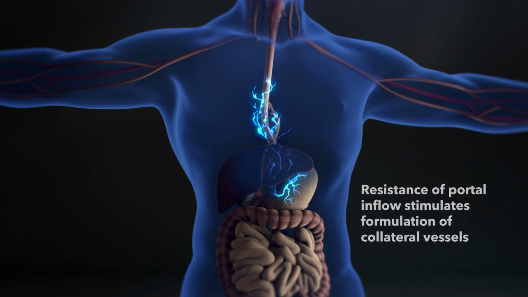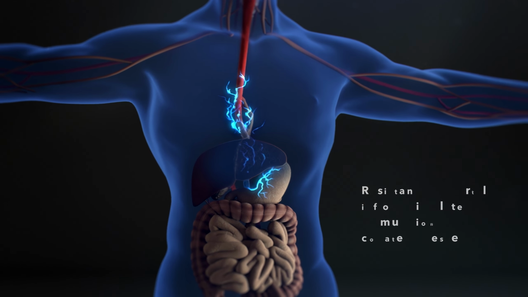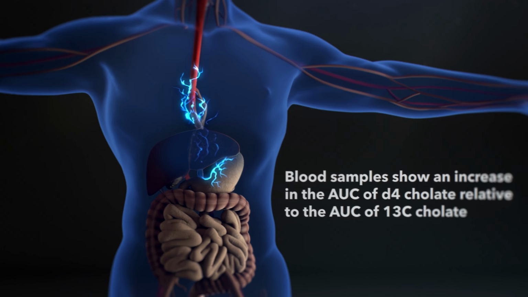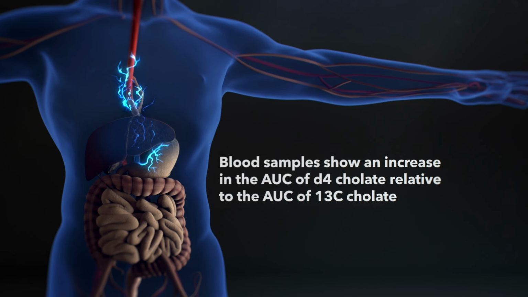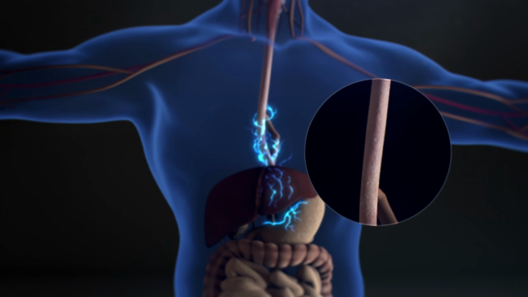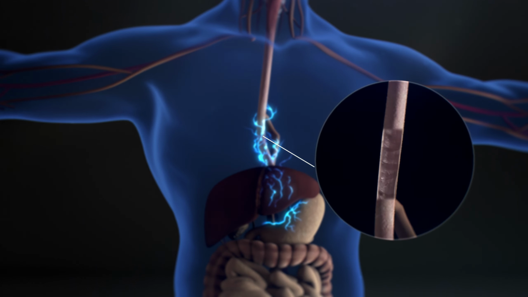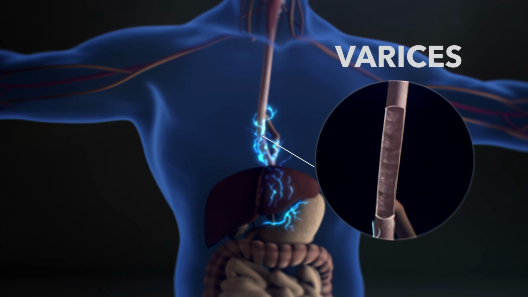This effect of liver disease is detected in the HepQuant SHUNT test by an increase in the AUC of D4 cholate relative to the AUC of the 13C cholate from the peripheral blood samples. Varices are portal systemic shunts that develop as portal pressure increases in response to progressive fibrosing liver disease. The key is that shunting and varices are arising in parallel to the rise in portal pressure.